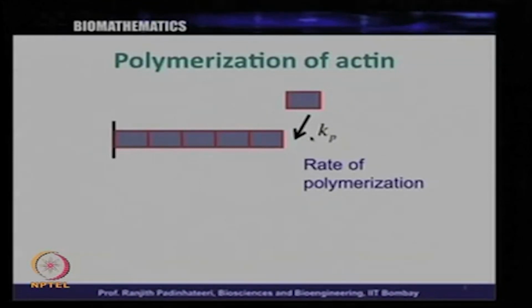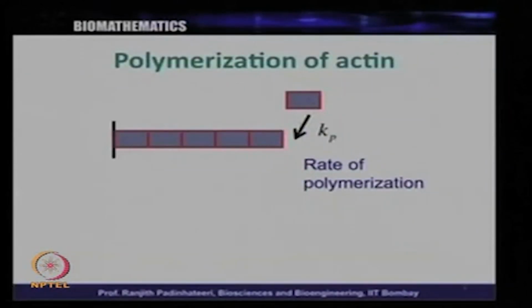So, this is the phenomenon. We want to describe this simple phenomenon, and the question is how do we describe it using mathematics. We have a polymer, and as monomers keep adding to it, the length of the polymer increases. Let us look at the next slide.